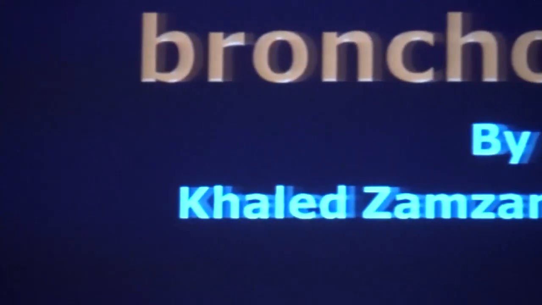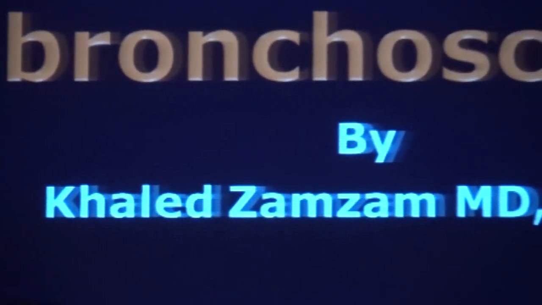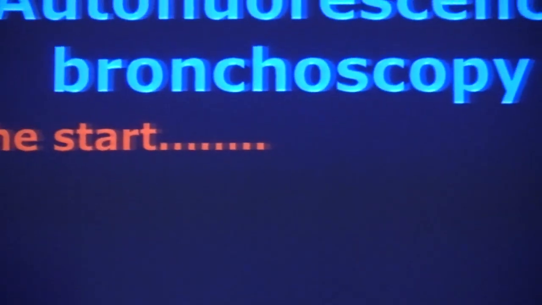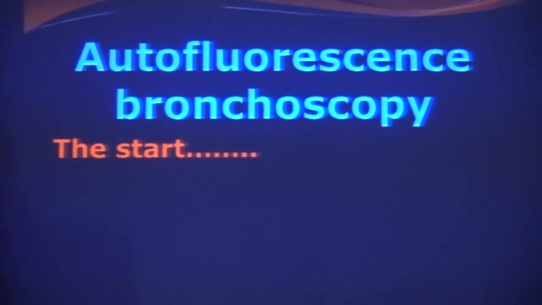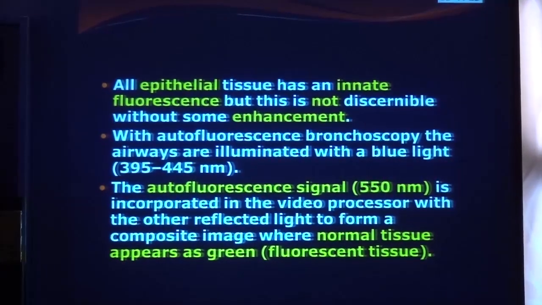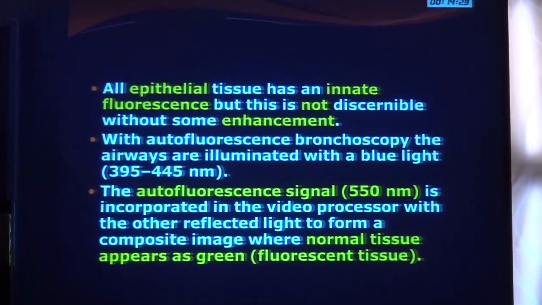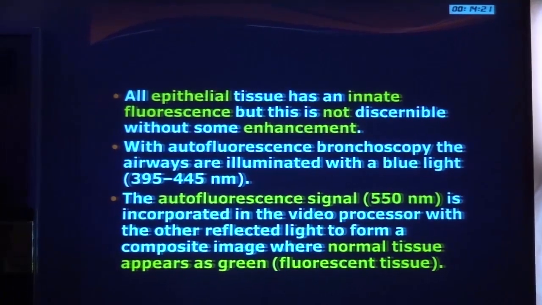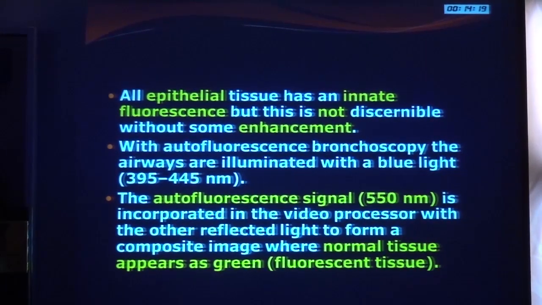High-definition bronchoscopy is a new era, but it's not very new, starting just before 2000. The autofluorescence, I think, was the first start, and it concluded that epithelial tissue has an innate fluorescence property that is not screenable without some enhancement.